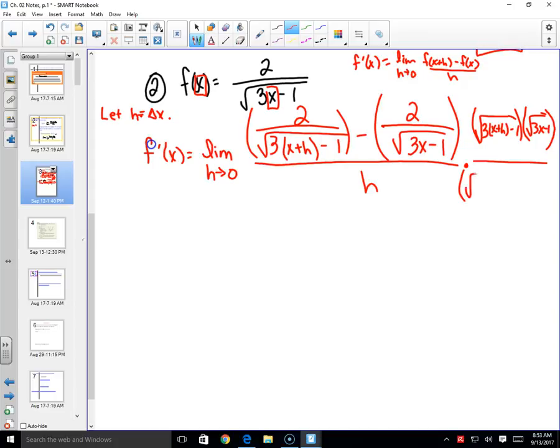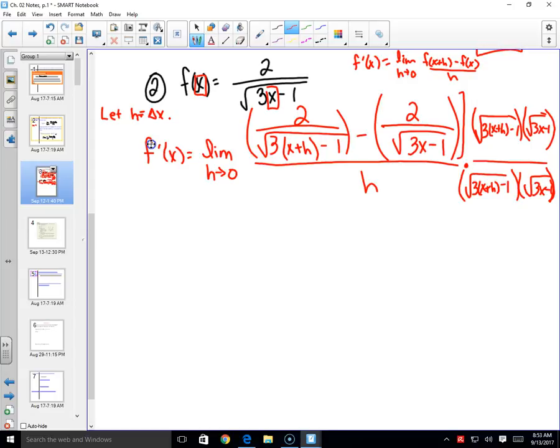First one was an easy one. Well, but I'm just simplifying the complex fraction. I know, but it's a summer packet technically. I'm multiplying top and bottom by both denominators, like I did with the summer packet.